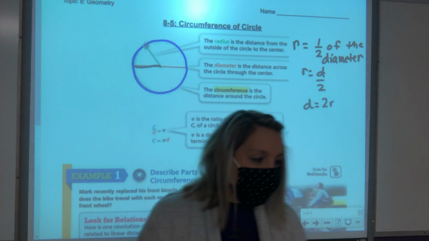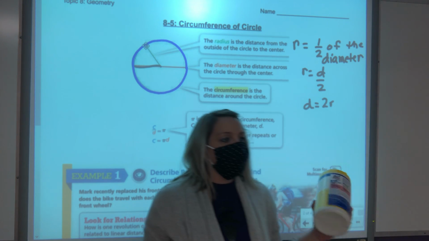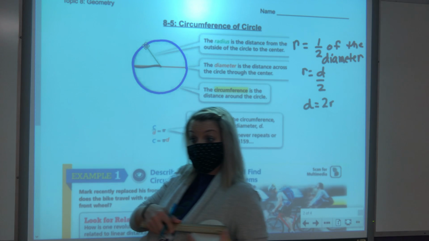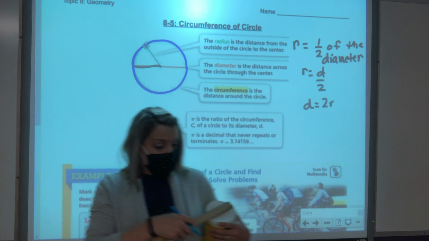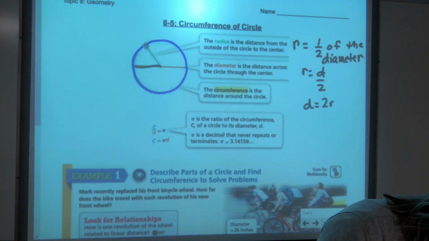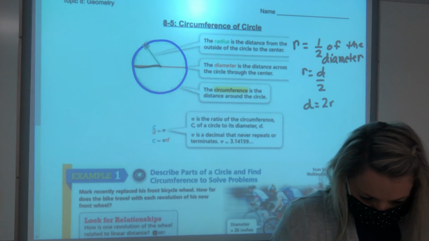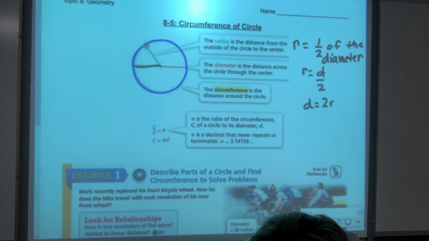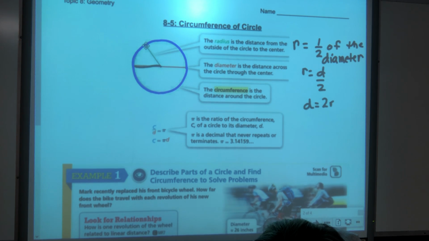If I take the diameter of my circle, which is all the way across, got it? Right? So if I measure accurately the distance across, I get 4 1/4. Okay? So my circumference is 13 3/8 of an inch. My diameter, I said, was 4 1/4, correct?